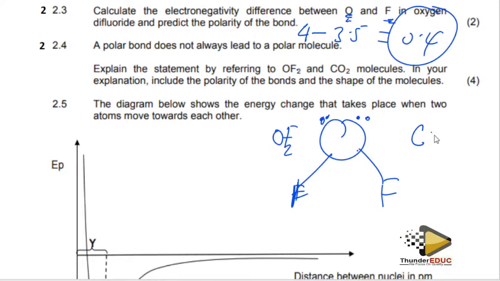So it's a double bond, meaning oxygen on that side. It's going to be like this. This is linear, it has no lone pairs, you understand? While these ones are going to have lone pairs.